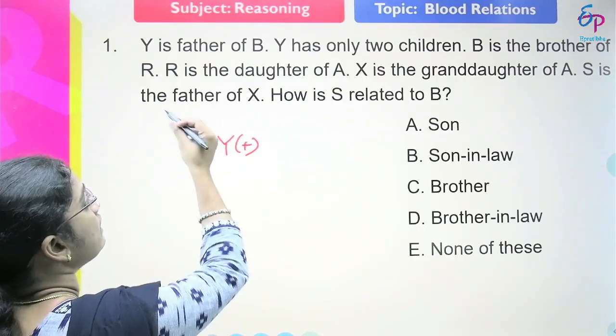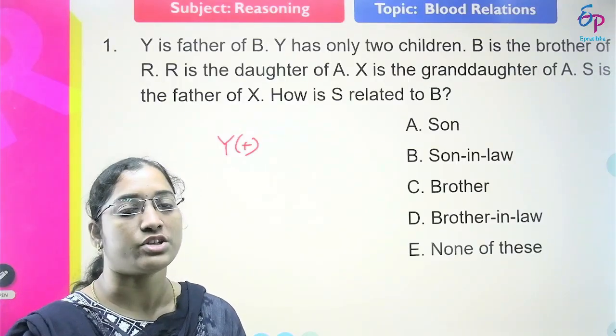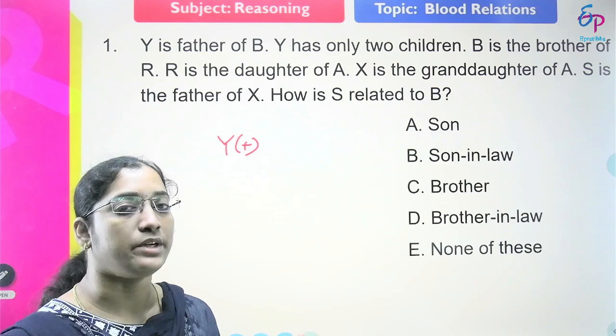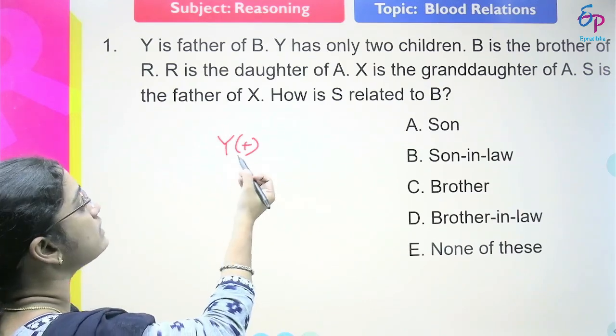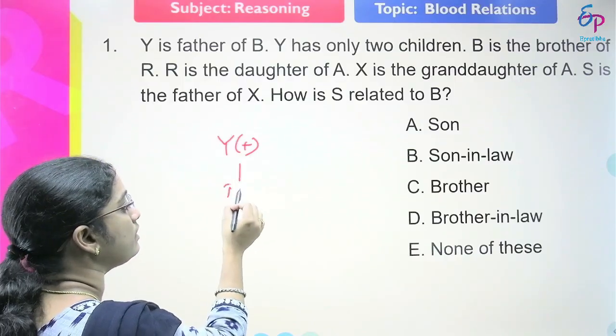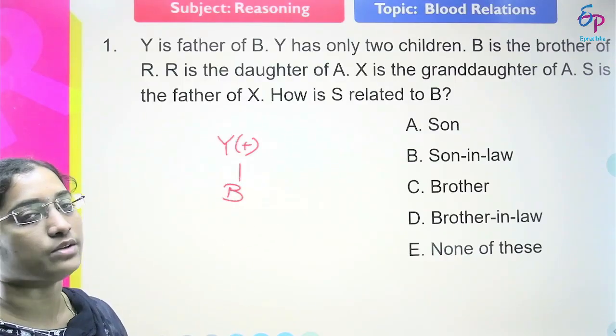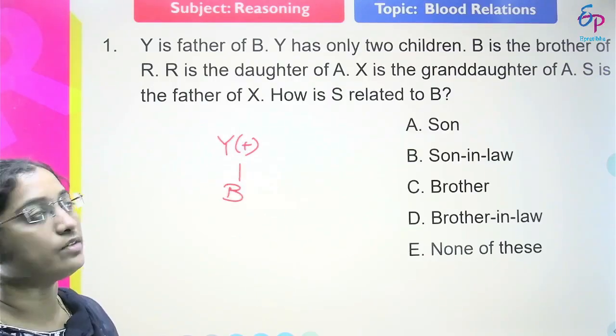Father means the previous generation of the child, and child means the next generation. So Y is father of B means B is a child of Y, and I am taking B in the next generation of Y.